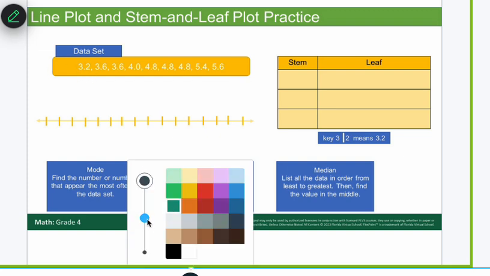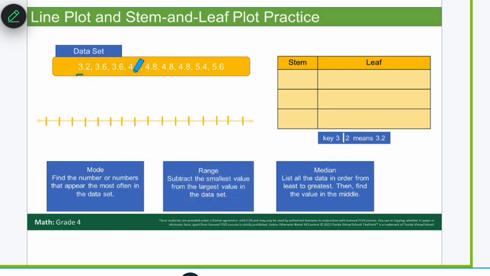So I see that I have the number 3 whole, 4 whole, and 5 whole. So over here on my stem, I'm going to put the numbers 3, 4, and 5. I'm going to take my numbers and start at the decimal point over here on the leaf.